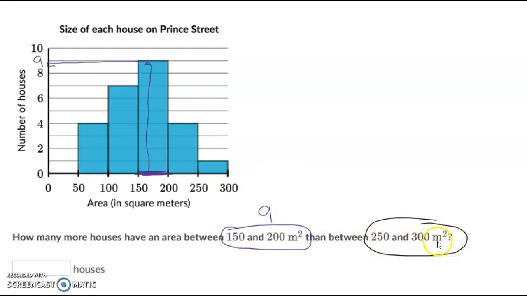So this is a little bit different, okay? 250 and 300 is right here, and it looks like it only goes up 1. So that means if there are 9 houses in that category and 1 house in this category, the difference between the two is 8.